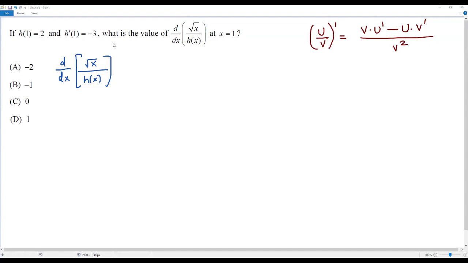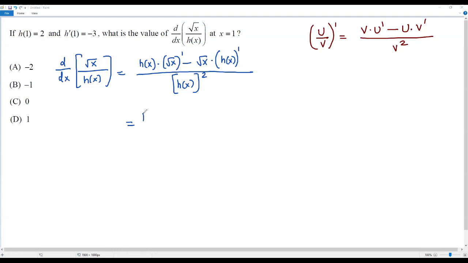Here in our problem, instead of u we have square root of x, and instead of v we have h of x. To get the derivative using the quotient rule, first we square the denominator, that is h of x the whole square. Then the same h of x goes here, the denominator. Now we take the derivative of the numerator, square root of x prime, then a negative, keep the numerator as it is, and take the derivative of the denominator, h of x prime.